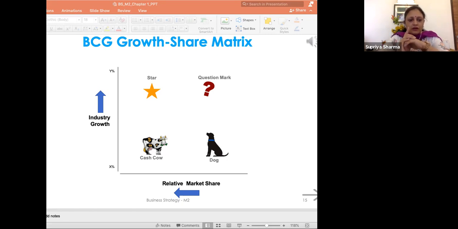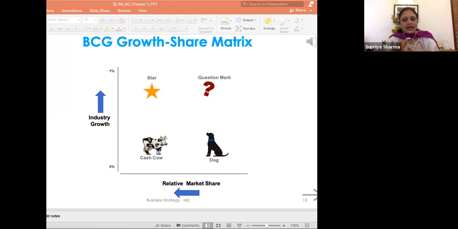All your star products will generate cash because the market share is more. Second, they will require a lot of investment to maintain their lead.